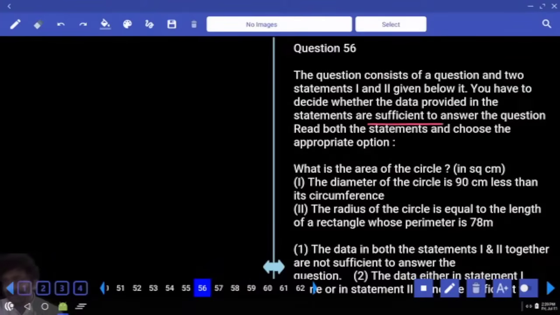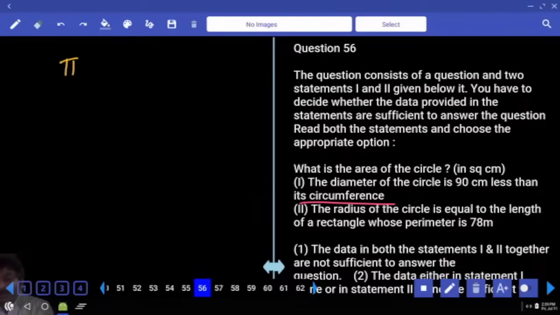Data sufficiency. What is the area of the circle? Pi r square. So we need r. When you know the r value, you are done with the question. Statement 1: the diameter of the circle is 90 centimeters less than the circumference. What do you mean by circumference? Pi d.